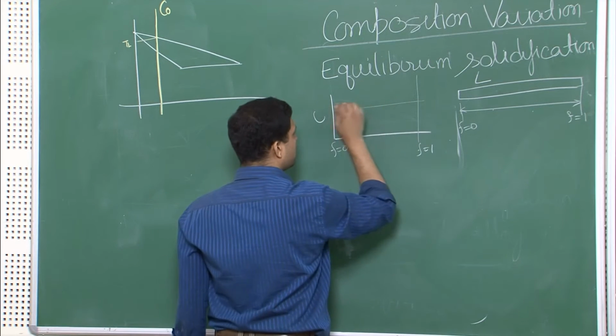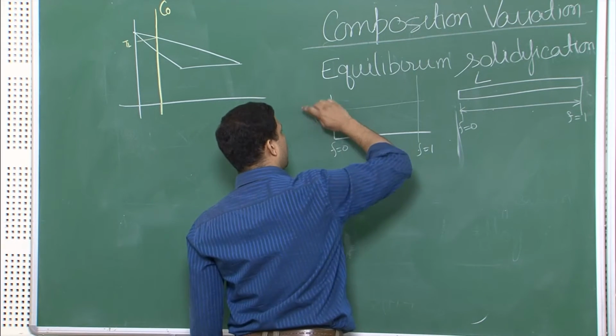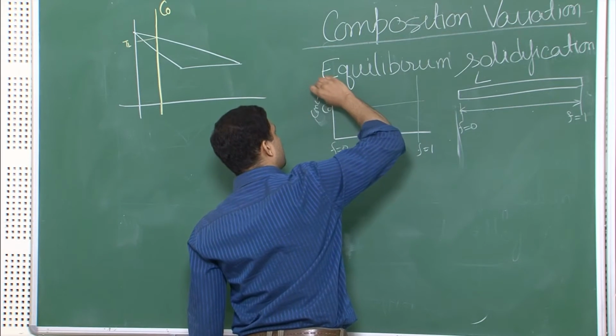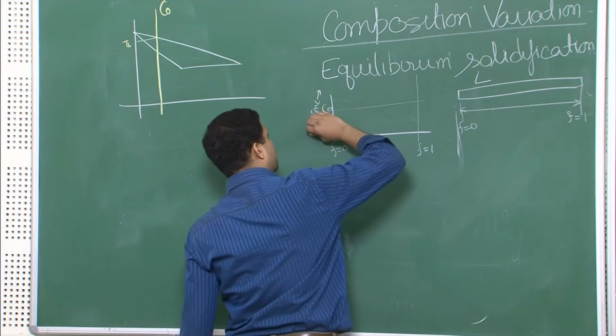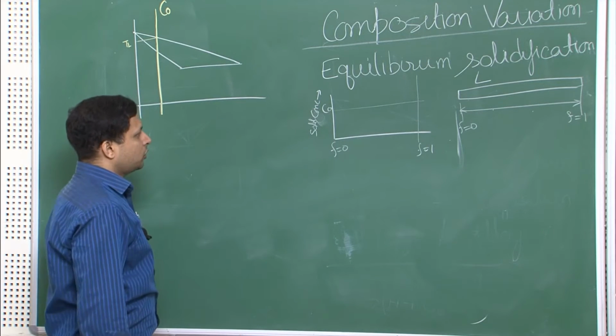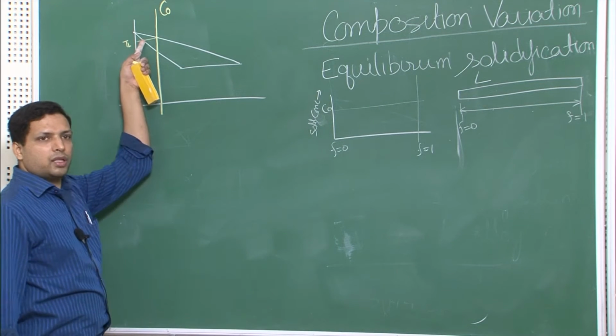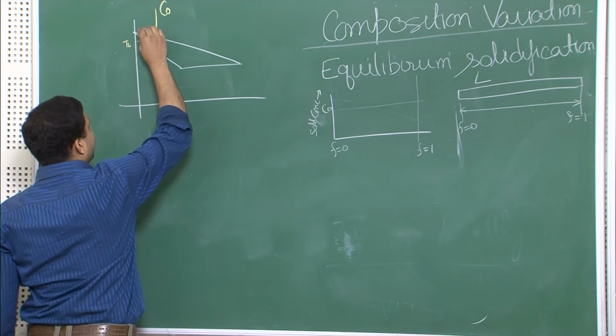This is the equilibrium, this is the composition we have taken C, and on the y axis this is concentration, and what we are trying to draw is solid concentration, how the concentration of solid will look like. So, the first solid that forms, what is the composition? We said earlier it has to be Kc naught.